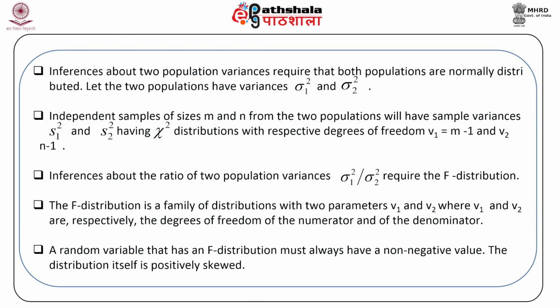Now, inferences about two population variances require that both populations are normally distributed. Let the two populations have variances sigma 1 square and sigma 2 square.